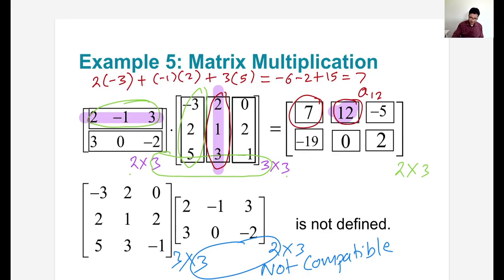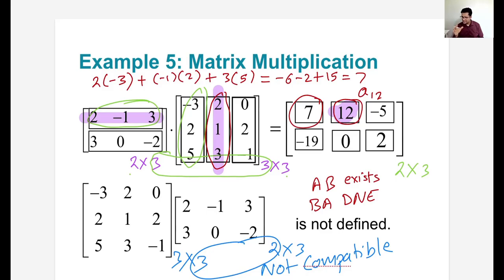So what happened here? Not only did you see when it doesn't multiply, you saw one more thing. It is possible AB exists, BA does not exist. In matrices, that is possible.